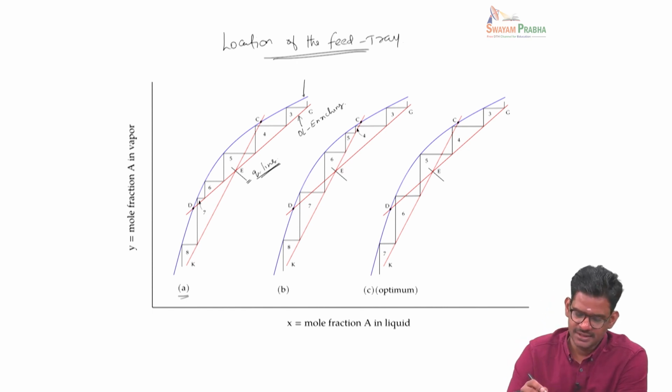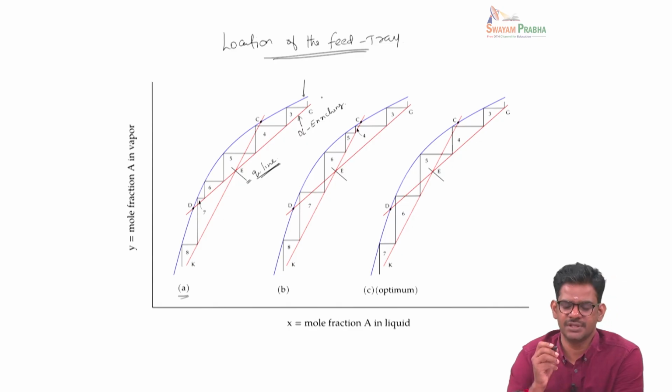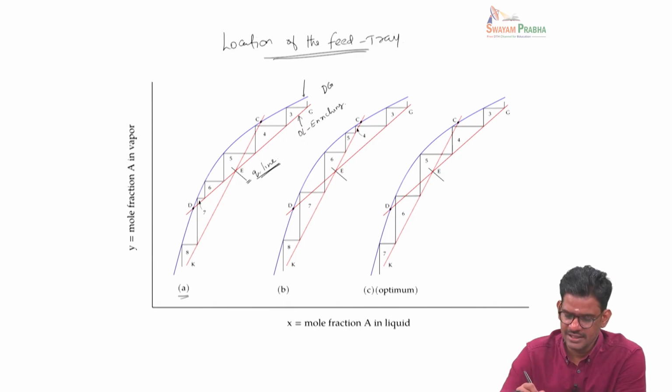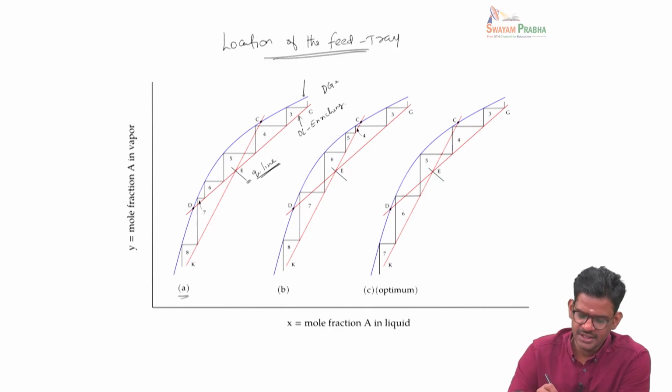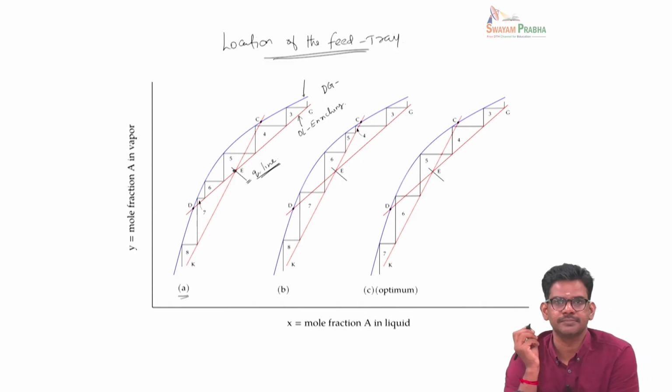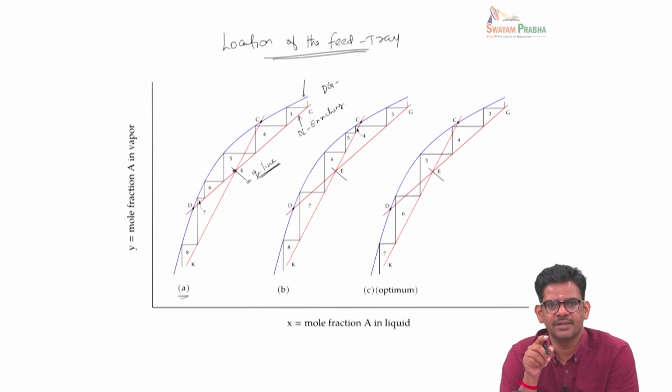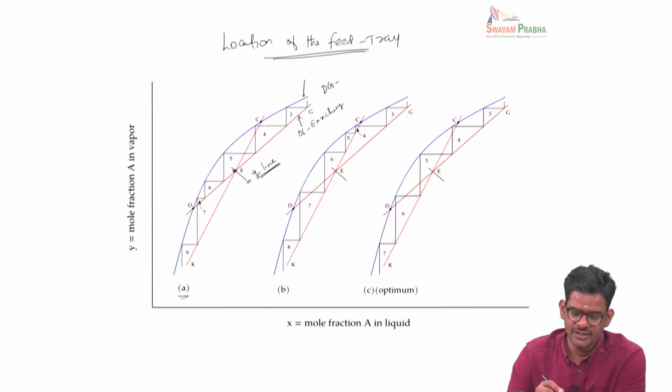So you can see that this line DG is the operating line for the enriching section. It meets the q line at this point E. And since the q line is a place where both operating lines intersect, the exhausting line will also go through the same point E, and the other end of this would be at the residue composition.